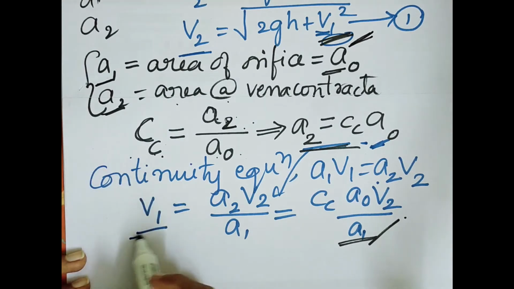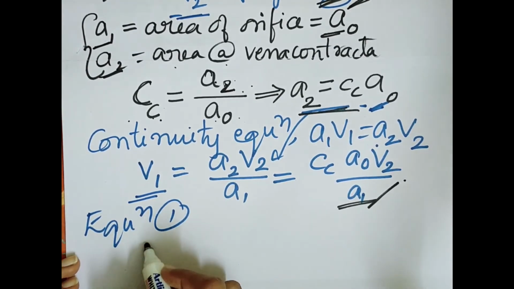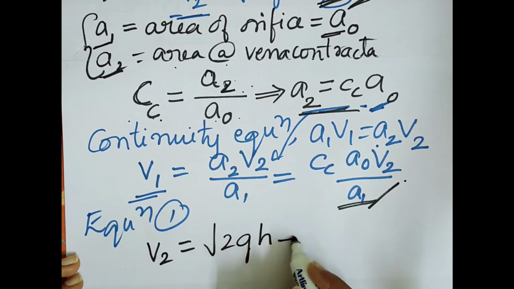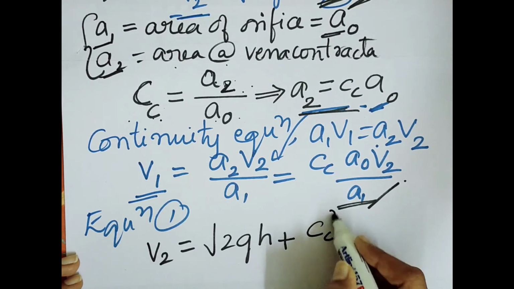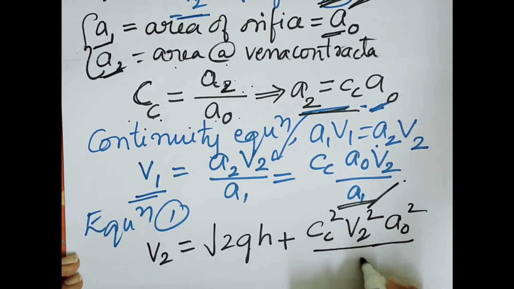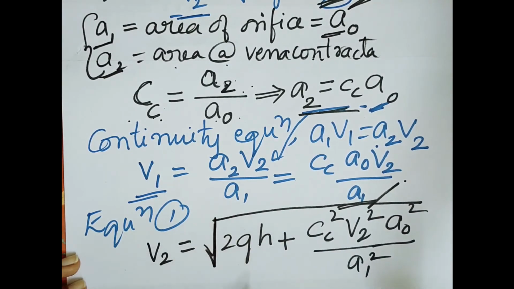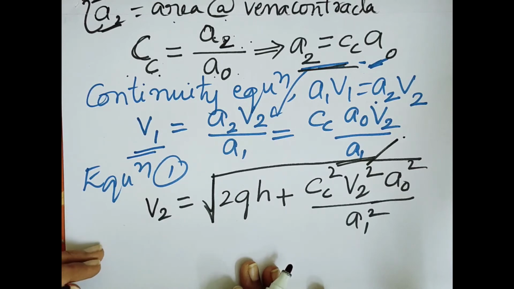If you substitute this V1 in equation number 1, the equation for V2 will be V2 is equal to square root of 2gh plus V1 square, where V1 square is Cc square V2 square A0 square by A1 square. So V2 will be equal to square root of 2gh plus Cc square into V2 square into A0 square by A1 square.